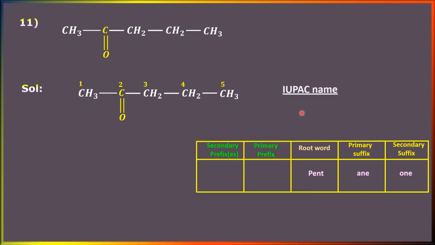So the name of this compound is pentane-2-one. See here, the E from ane, the primary suffix, is dropped because it is followed by a suffix beginning with O. Okay, so this is the IUPAC name of this compound.